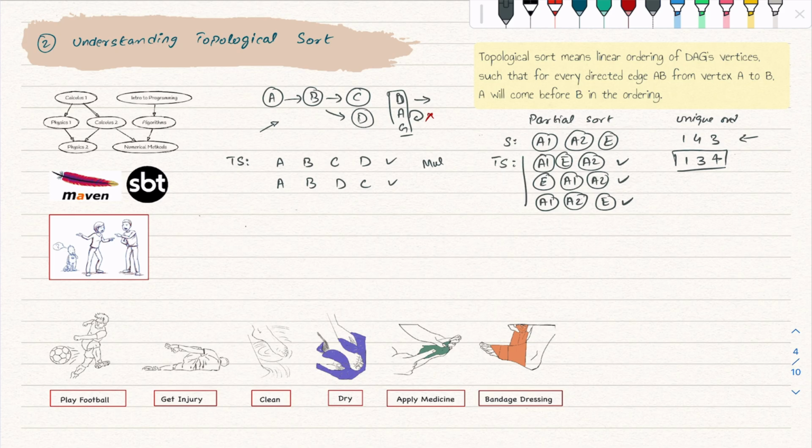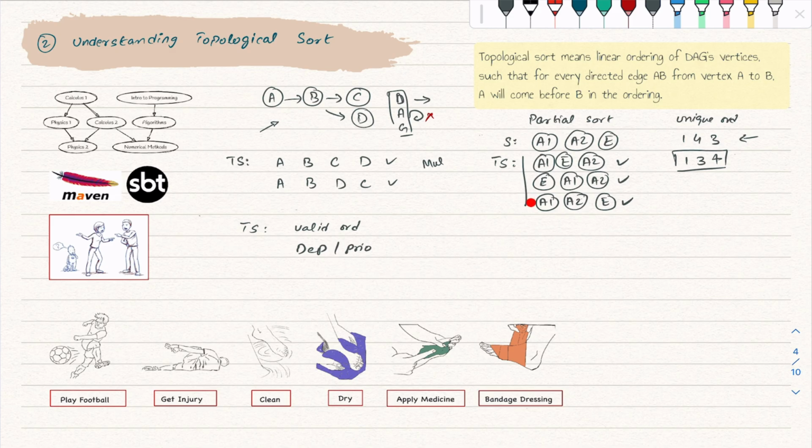In short, the topological sorting pattern is used to find a valid ordering of elements which have dependencies or priority over each other. As we have seen in this example, Algebra 2 has a dependency on Algebra 1. So these are the right orderings of that.